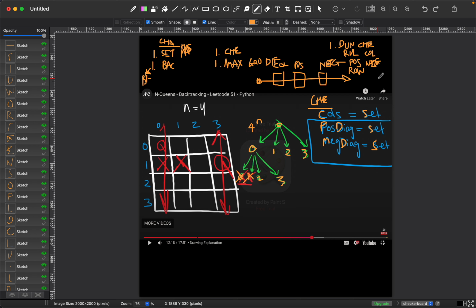When you're following the chess rule, whatever you're actually saying is that I can't have duplicates within these 4 places, therefore you include the set. And you want to find the max number of it, therefore you use backtracking to get the max number of groups that you can actually produce.